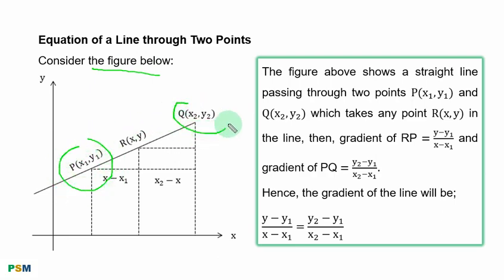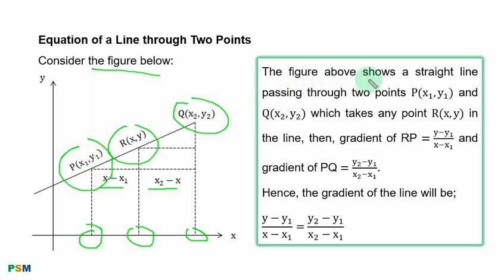You have point Q and another point R between points P and Q. If you trace this point to this place, you have x1, here is x, you have x2, so that the distance from x1 to x is x minus x1. You have the same between the 2 points here.